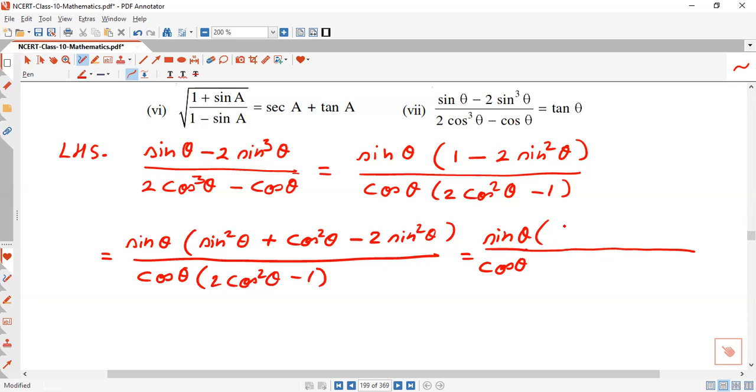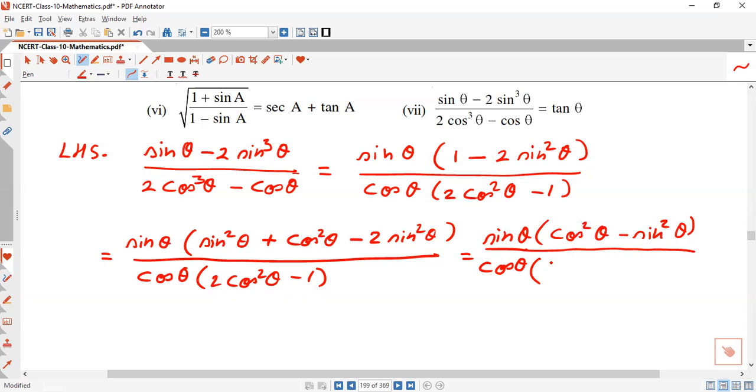So we have cos square theta minus sin square theta in the numerator, and in the denominator 2 cos square theta minus 1.